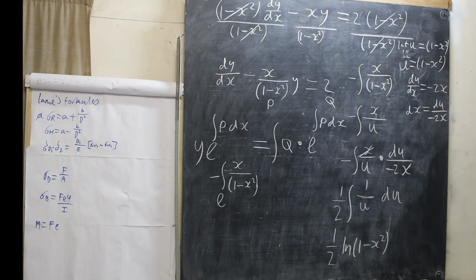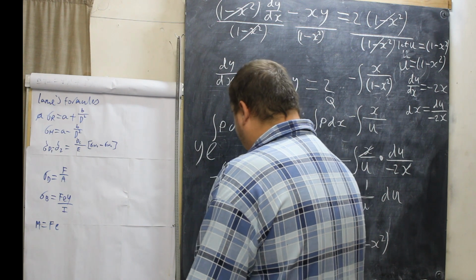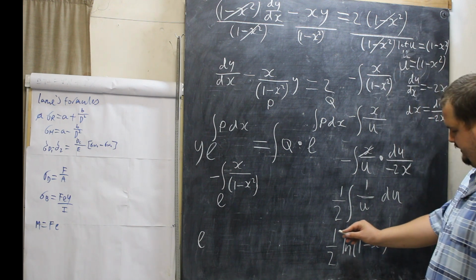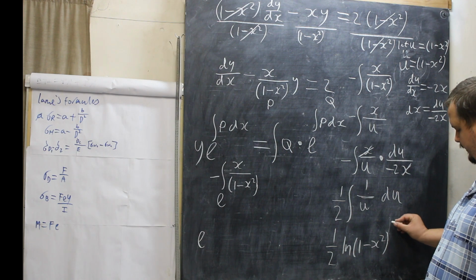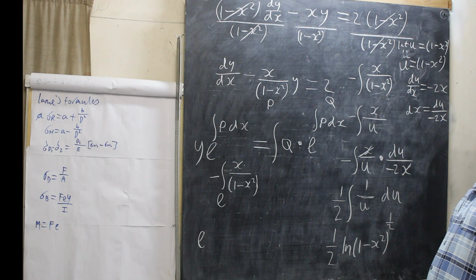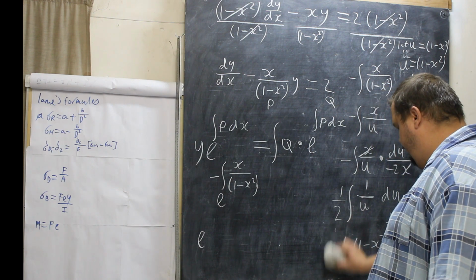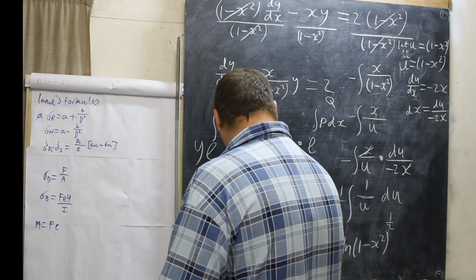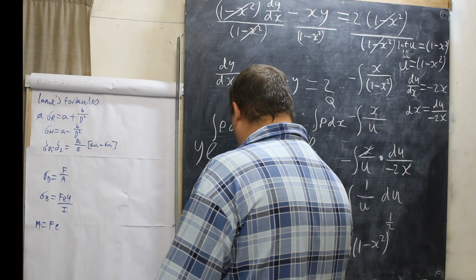Okay, so we have that particular integral. So our integral is, now that the minus has gone away, we're left with e. Now also what we need to do is take this half, because it's on the outside, it must come back here as a power of a half. So now it is e to the power ln of 1 minus x squared to the power of a half.